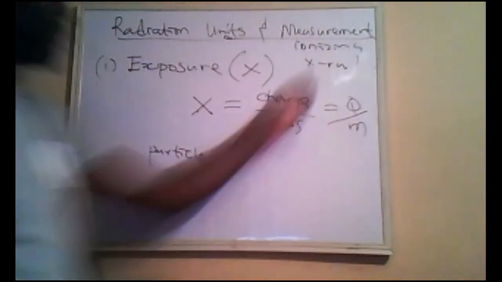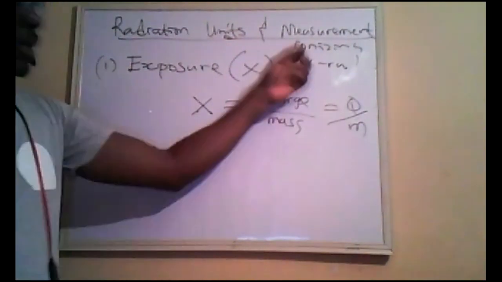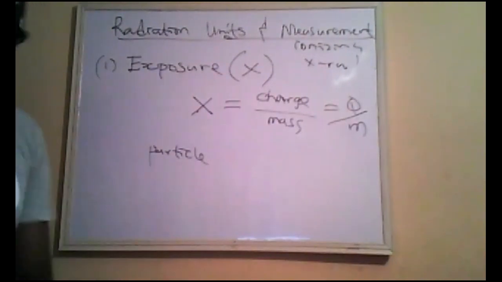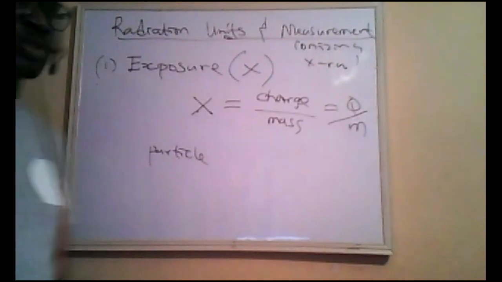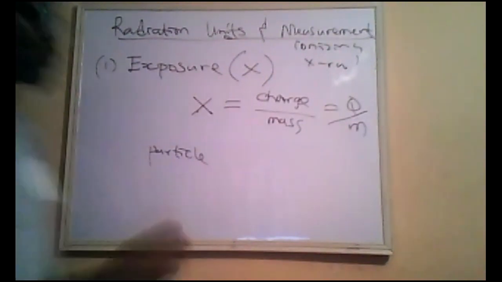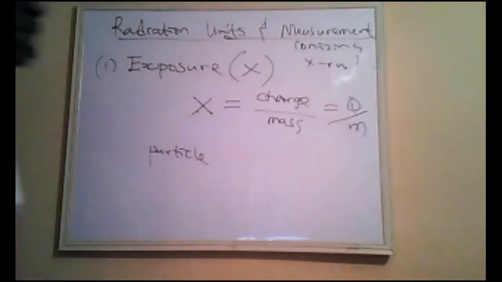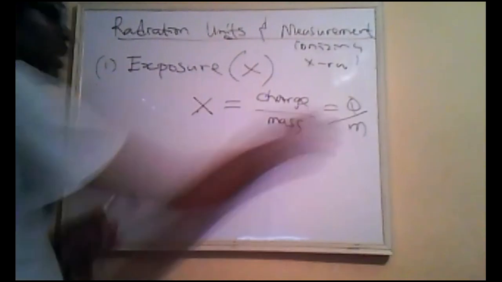So if you have a particular amount of energetic X-ray passing through matter, of course, it is going to cause all those processes we have discussed. At the end of the day, it is going to knock off electrons within the unit mass. So that is this equation.